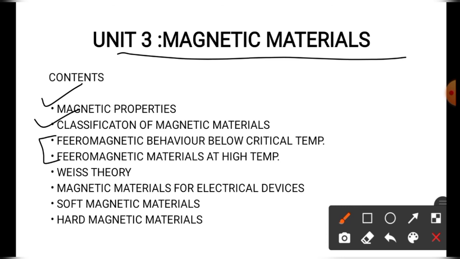Next point is Weiss theory of ferromagnetic material. After that, magnetic materials used for electrical devices, then we covered soft magnetic material and hard magnetic material. So this is the end of unit number 3.